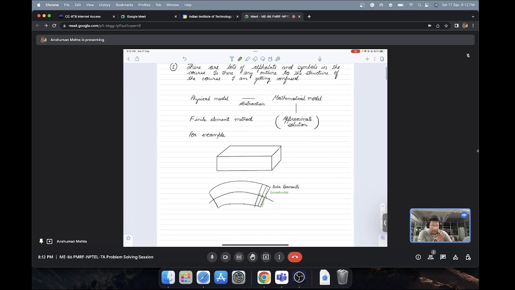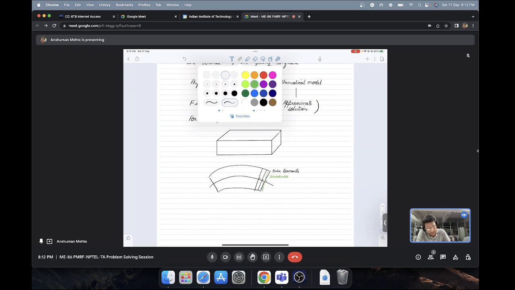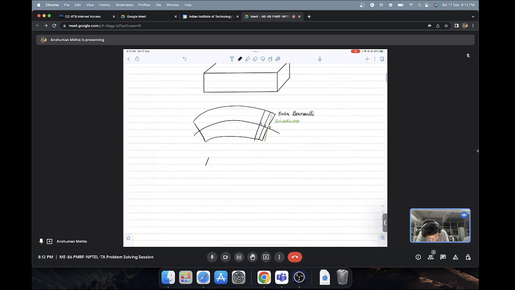So, our main aim is to convert the physical model into a problem in this course, that is KU is equal to F, where U is generally shown as a displacement vector, and F is a force vector, and this is our stiffness matrix.